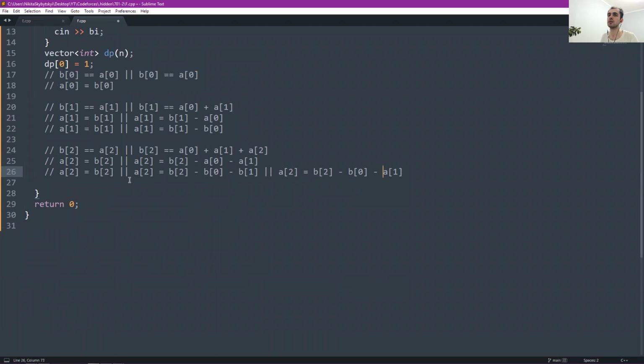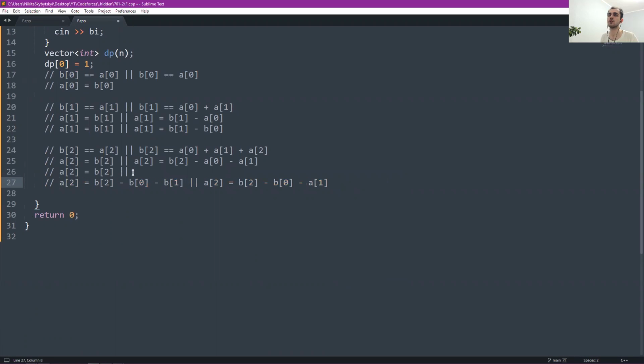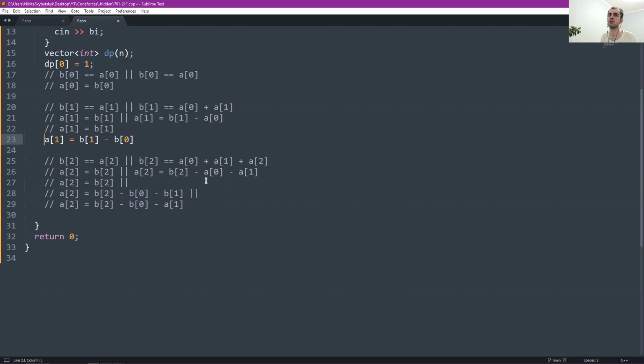Or A1 can be equal to this, and I'm just going to substitute it here.